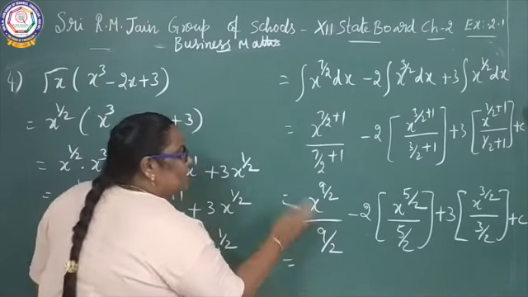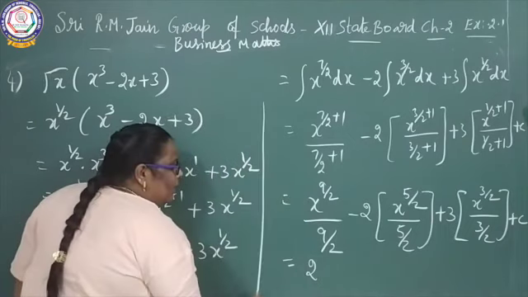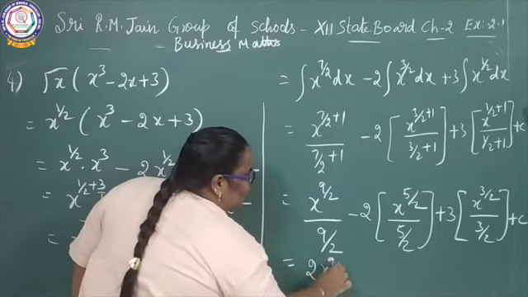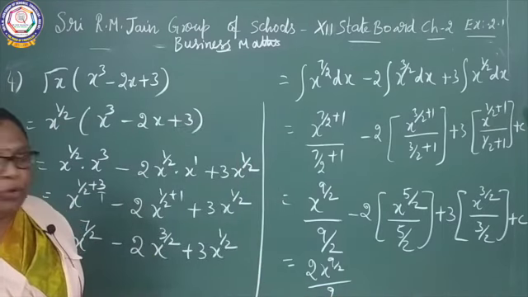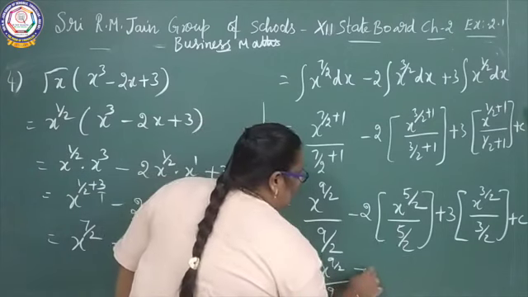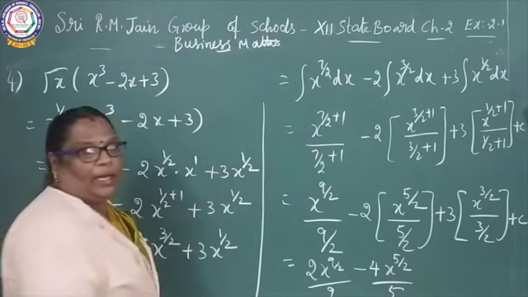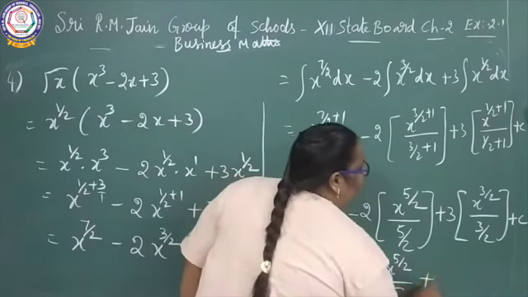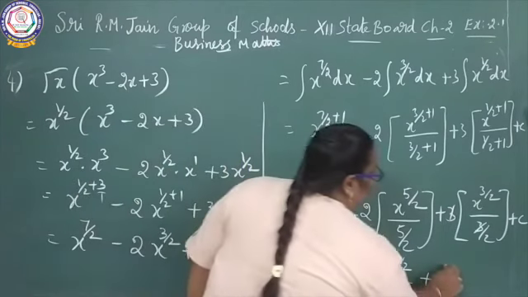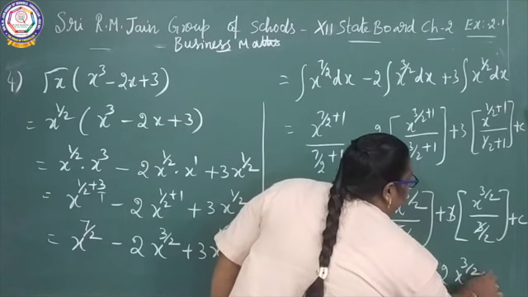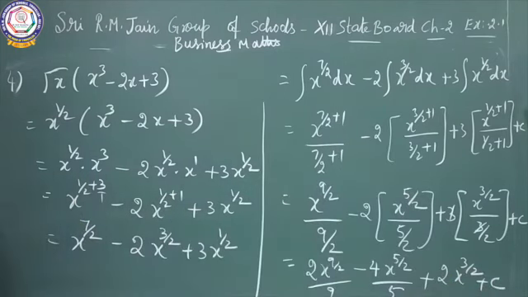See here, reciprocal the value. What is the value we are getting? 2 into x to the power 9 by 2 by 9, minus 4 x to the power 5 by 2 by 5, plus 3 get cancel, 2 into x to the power 3 by 2, plus c. So this is the answer.